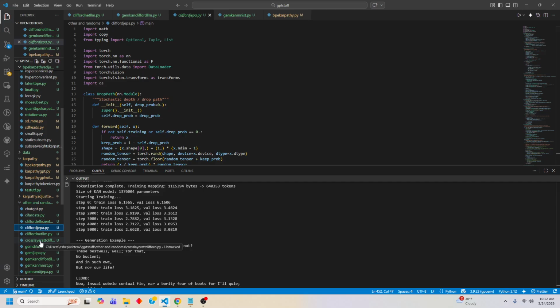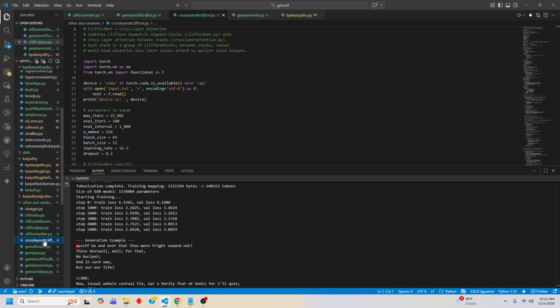And let's see, I also did a cross layer attention Clifford. I don't remember what the results of this were. I'll redo it and find out.